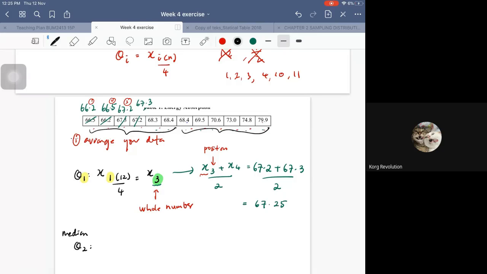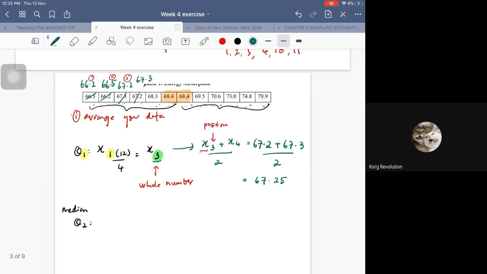When I wanted to find the median, I only have to take the middle values of both of them, which are those 2 values. So my middle value, which is the median, is going to equal 68.4 plus 68.4 divided by 2. Of course, because they are the same value, it's still going to be 68.4. So that is going to be the median value.